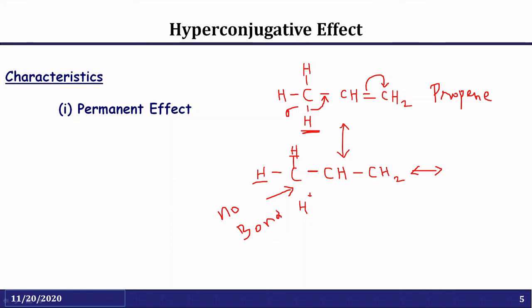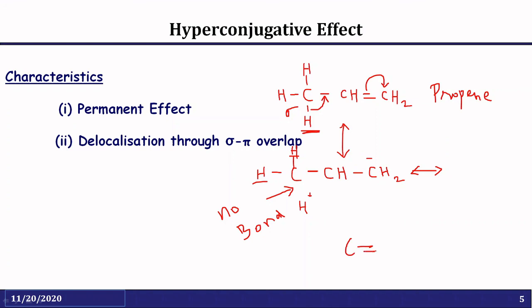So this is about the hyperconjugation effect. Due to this effect, we say propylene is more stable compared to ethylene. We don't expect any hyperconjugation effect in the case of ethylene, so propylene is more stable than ethylene due to hyperconjugation.